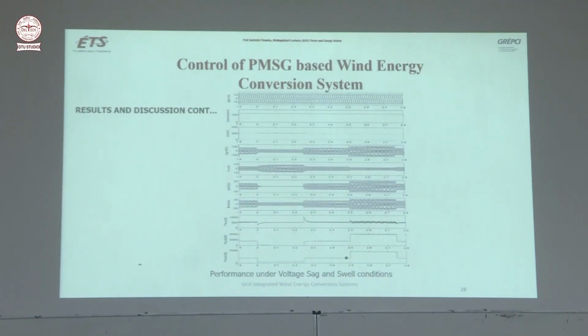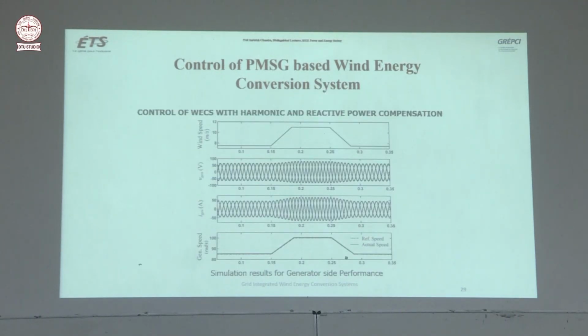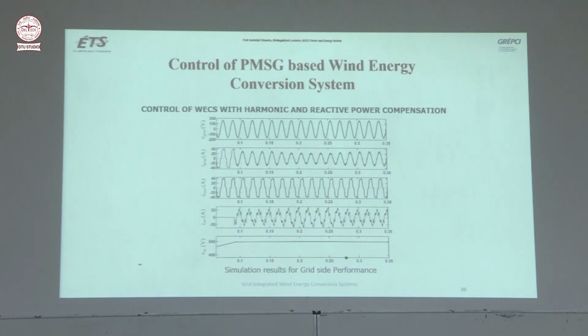And there are some other results, just to show that wind speed is changing, so generator speed is changing, and voltage and current of the generator are changing. This is the grid voltage, constant sinusoidal voltage, this is the grid current, and this is the load current. Until the grid side converter was started, your grid current was the same as the load current.